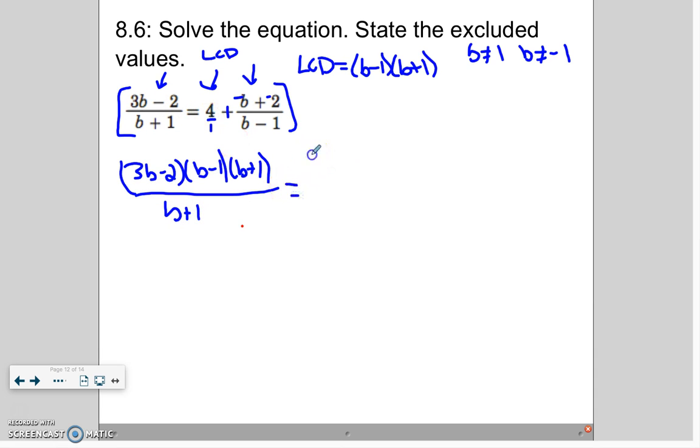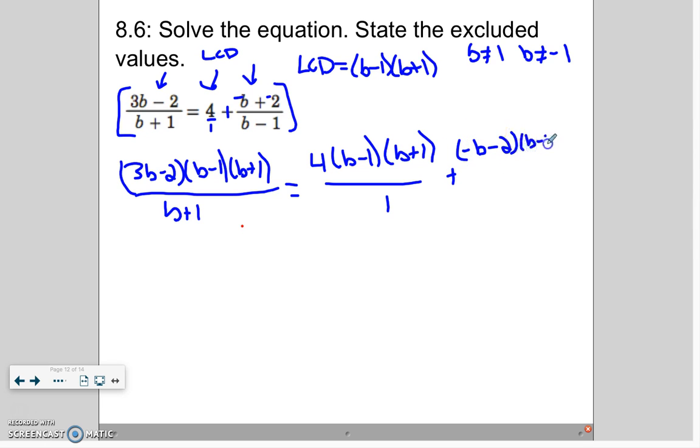Is then equal to 4 times b minus 1, b plus 1, all over 1. Notice we're only multiplying the numerators. Our goal is to cancel out the denominators using the clearing method. So we got plus a negative b minus 2, b minus 1, b plus 1, all over b minus 1. Boy, I started with a long problem first, didn't I?